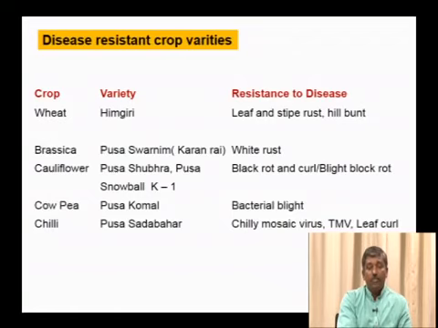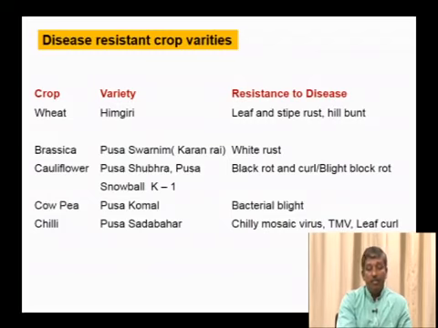For cauliflower, the varieties are Pusa Shubhra and Pusa Snowball K1, which are resistant to black rot and curl blight black rot. The cowpea variety is Pusa Komal, which is resistant to bacterial blight.